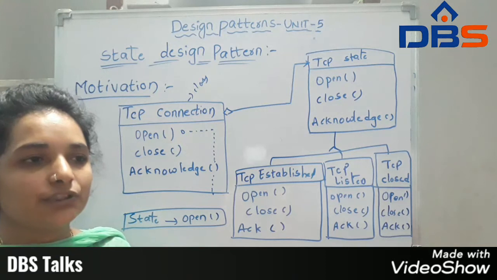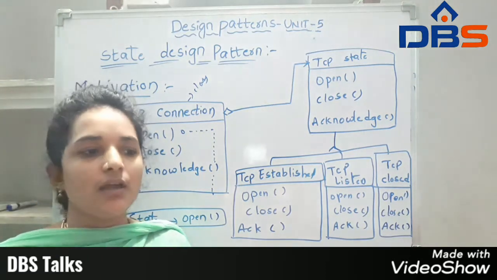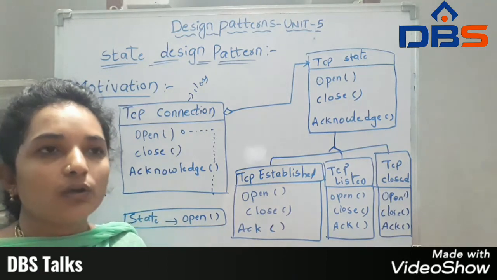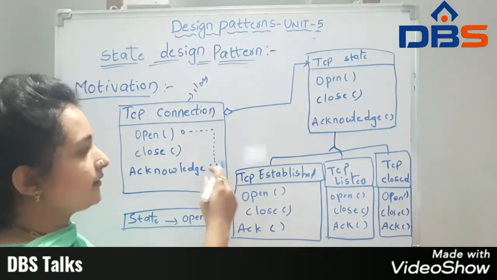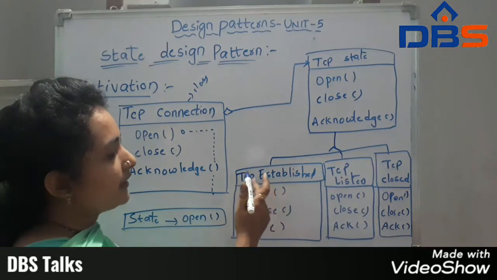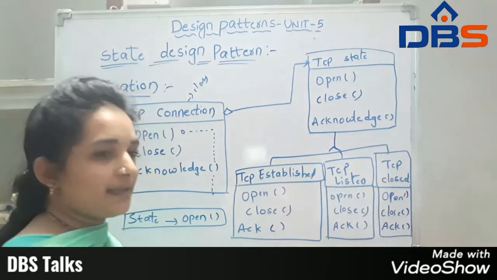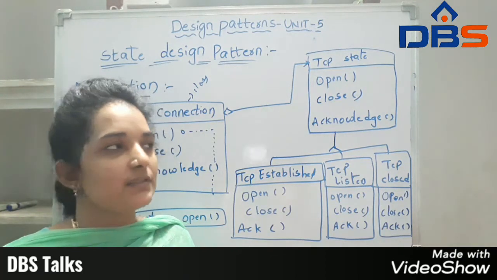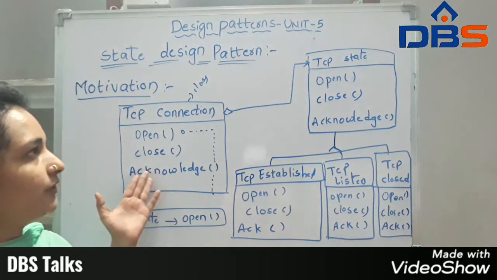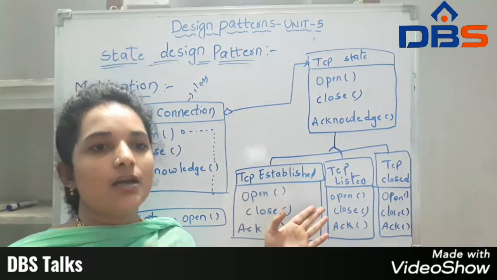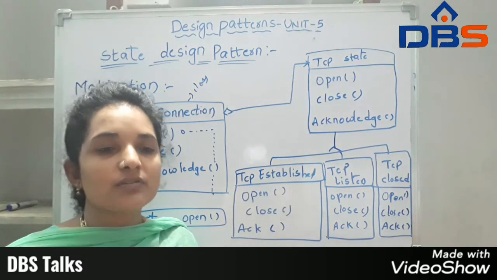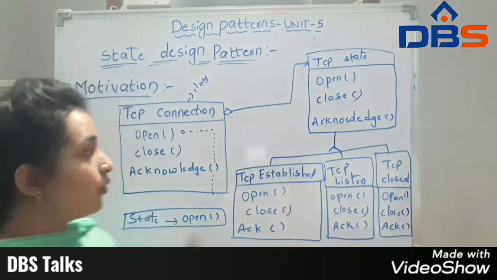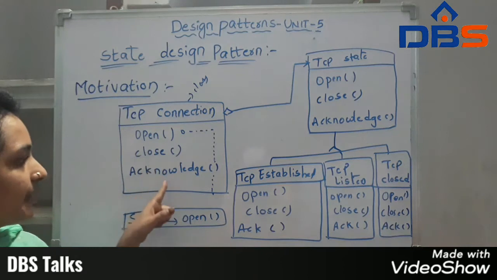This TCP connection represents a network connection, and a TCP connection object can be in one of several different states: TCP established, TCP listen, and TCP closed. When a TCP connection object receives requests from other objects, it responds differently depending on its current state. For example, an open request, a close request and an acknowledgement.